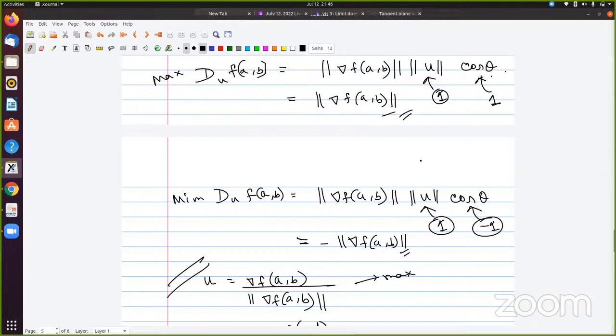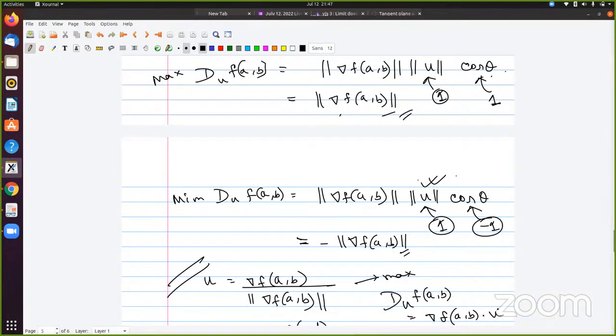Now what is the choice for this u vector for which it will come as the norm of grad f at (a, b)? That is the question, right? What is the choice for which it will come as the norm of grad f at (a, b)? This is the maximum value. So this is your directional derivative, grad of f at (a, b) dot u.